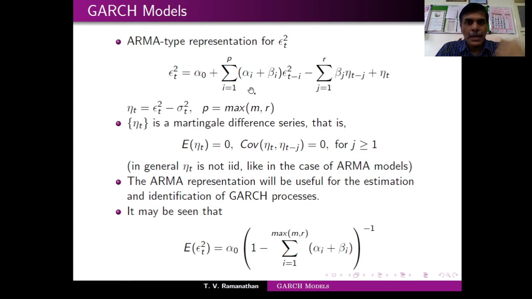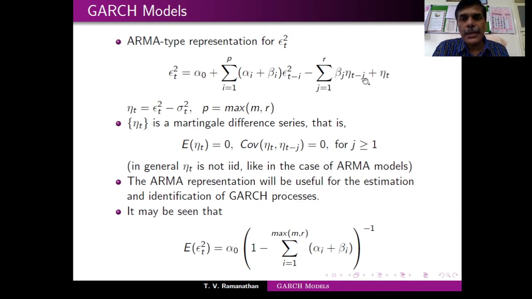Of course we may have to take some convention, so those betas will be 0 if this is the maximum. From that point onwards, m plus 1, m plus 2, m plus 3, up to m plus r, you may have to take these betas to be 0, something like that. That's the reason that the maximum of m and r comes here. It goes up to that.